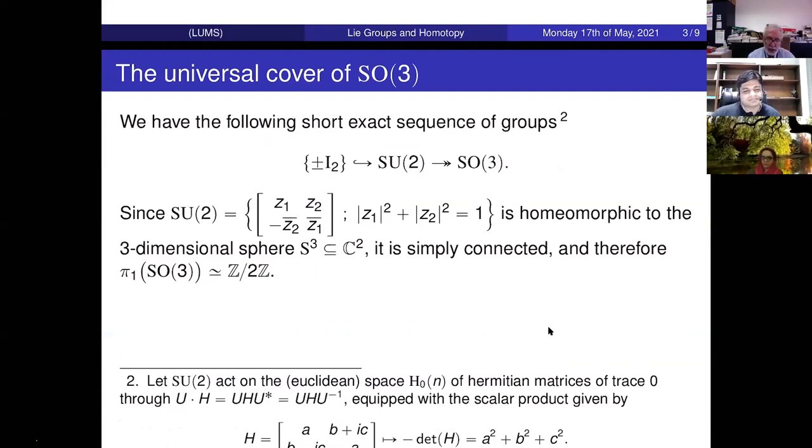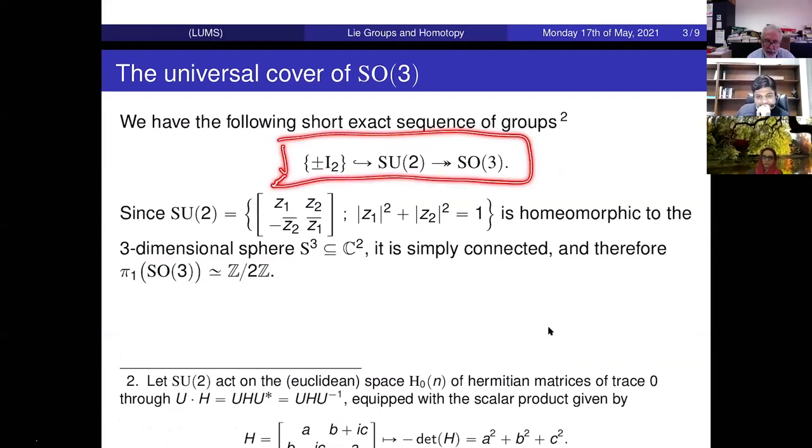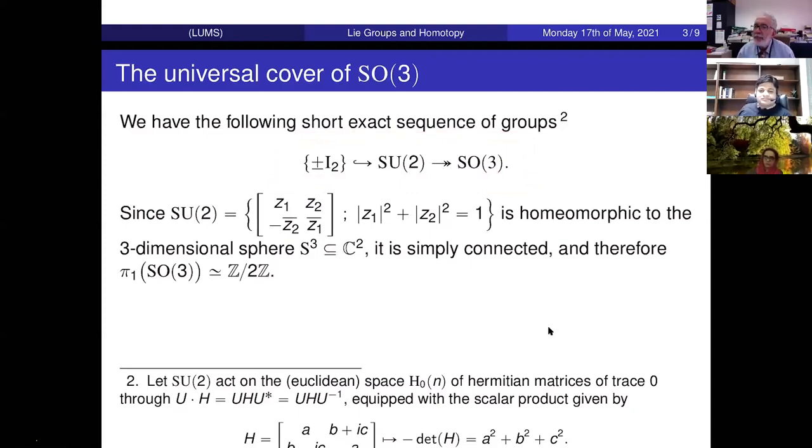And here we have a very interesting short exact sequence, which takes the special unitary group SU(2) to SO(3), and it has a kernel which is reduced to plus or minus identity. So this map must be well studied. If you look at SU(2) as a group of matrices, it looks like the following: the set of matrices (z1, z2; minus z2 bar, z1 bar), with z1 bar the conjugate.